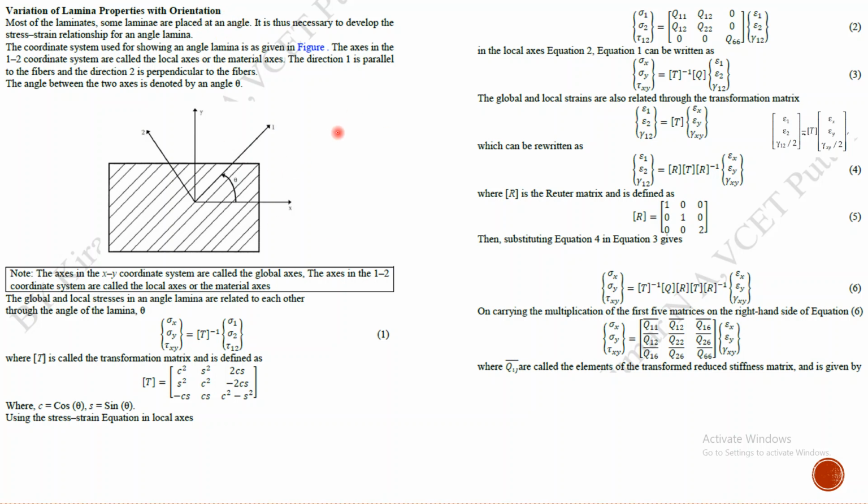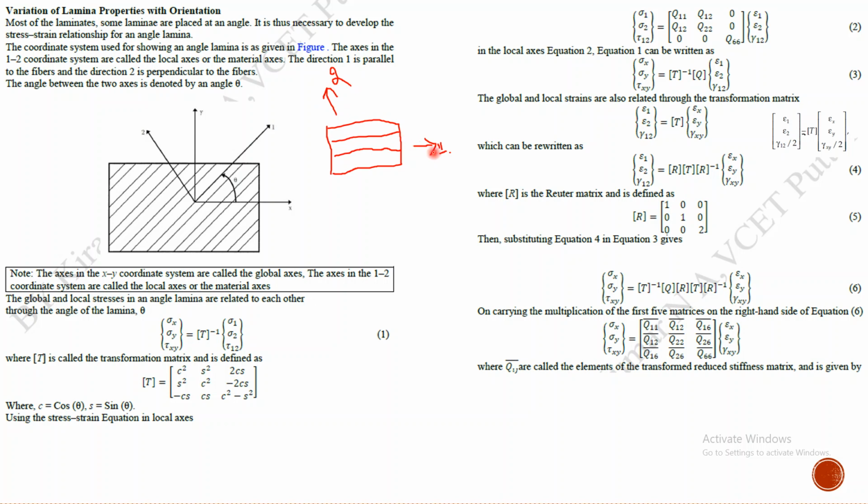Usually the lamina that we have taken previously is horizontal, meaning the fibers are oriented in the horizontal direction, and we have chosen the coordinates in the same direction.